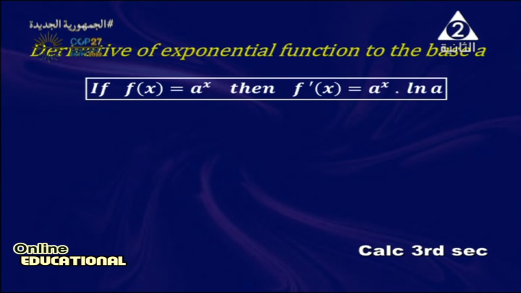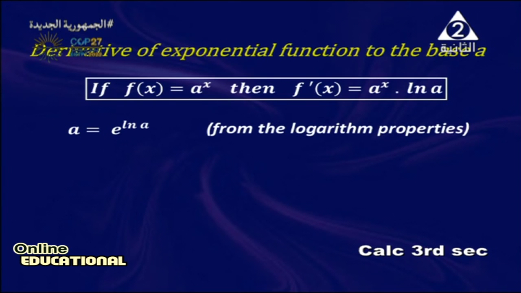A is bigger than 0 because ln a appears in the rule. We know that a equals e to the power ln a from the logarithmic property. Then a to the power x equals e to the power ln a all to the power x. A to the power x equals e to the power x multiplied by ln a.